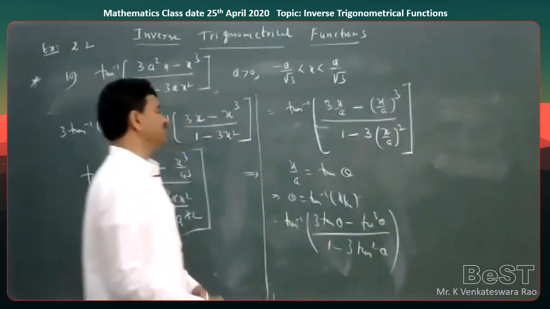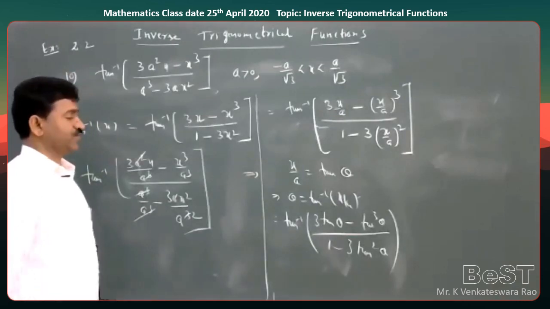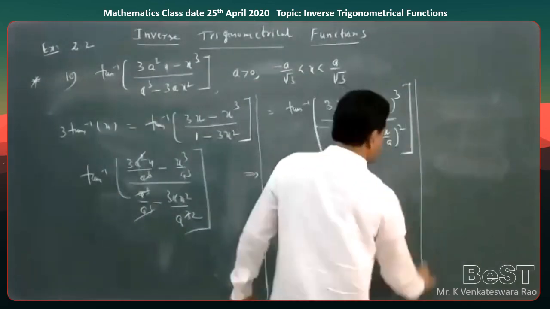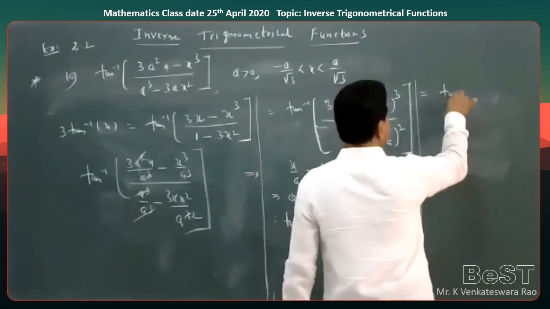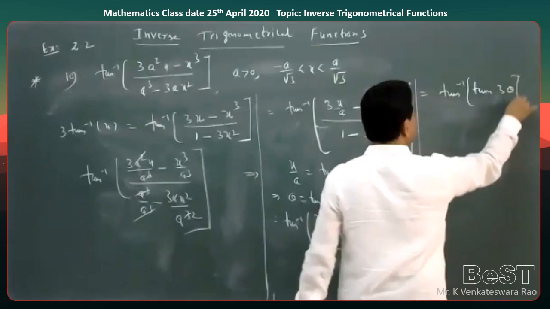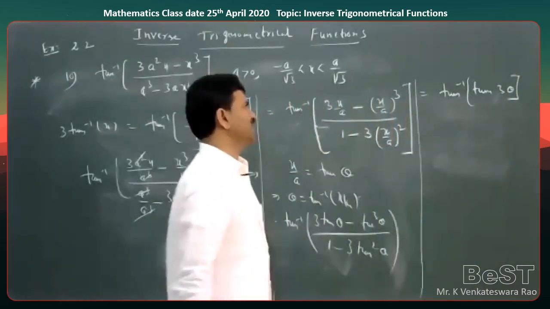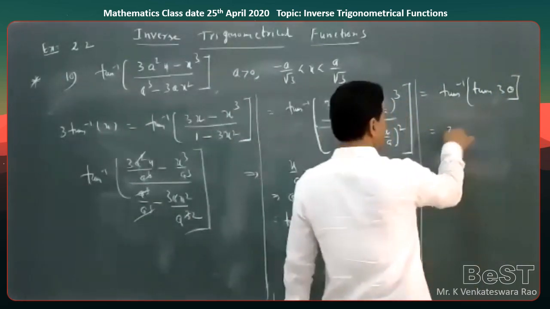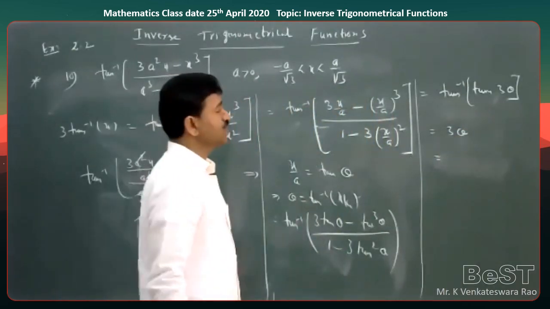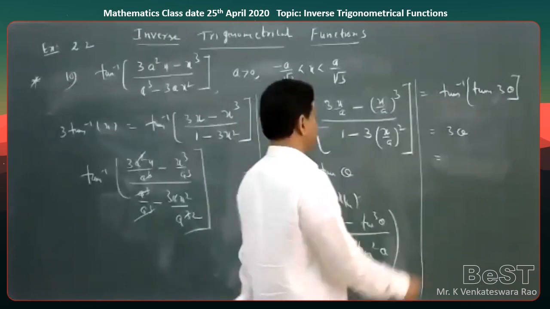It is the tan 3 theta formula. That is equal to tan inverse of tan 3 theta. Tan inverse of tan cancel, 3 theta it is.